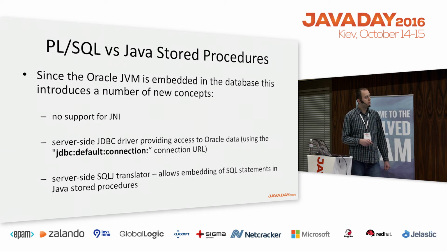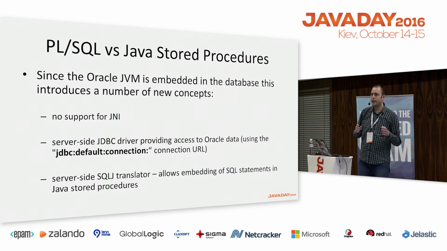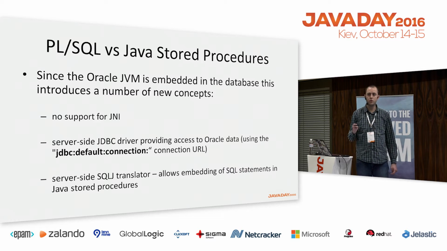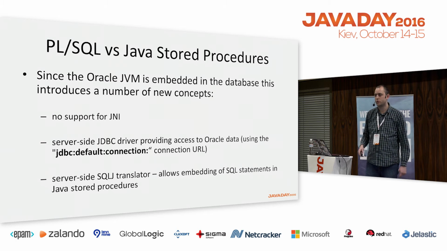And there is another interesting thing called the SQLJ translator, which allows you to write SQL statements directly as part of your Java source code. This SQLJ translator translates your source code to JDBC calls. So it's very convenient because you don't need to write any JDBC code, but you can embed SQL directly inside your Java stored procedures.